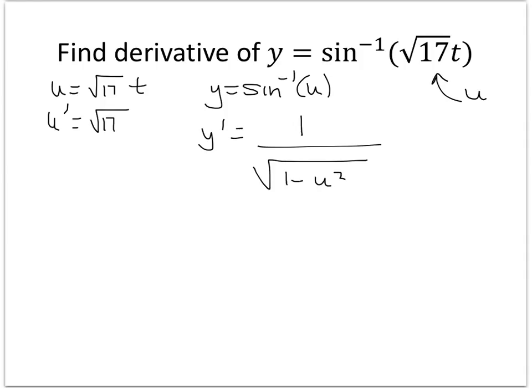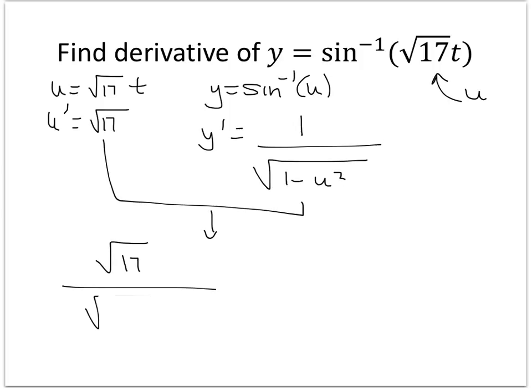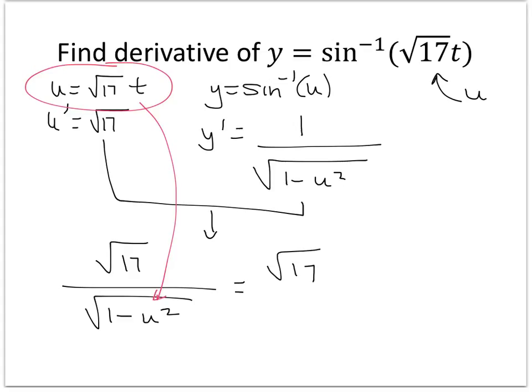So all I'm doing is using the chain rule here, which says now I take these two pieces and multiply, so that becomes square root of 17 over the square root of 1 minus u squared, and then remembering what u equals, I plug that back in. Square root of 17 over the square root of 1 minus square root of 17t, squared.